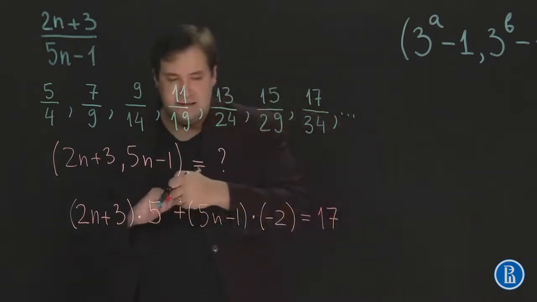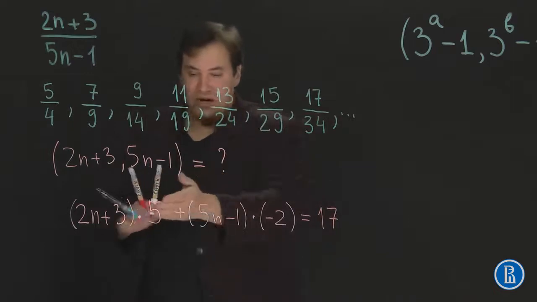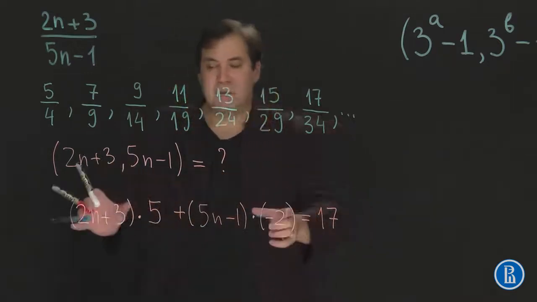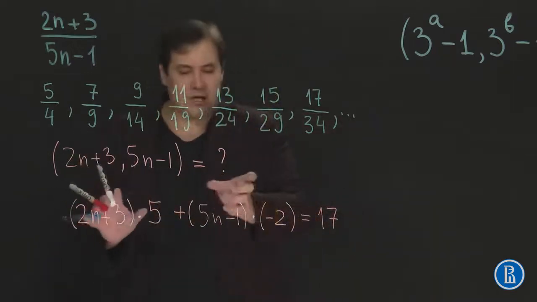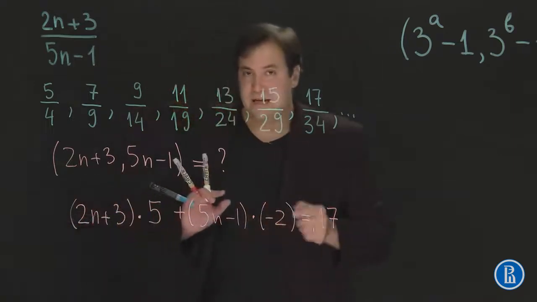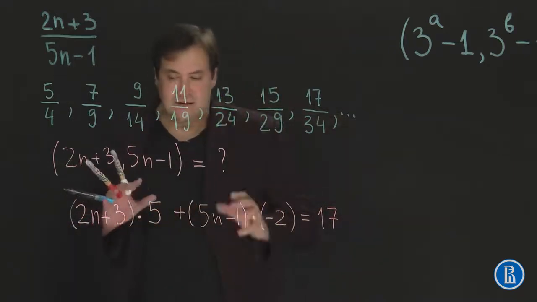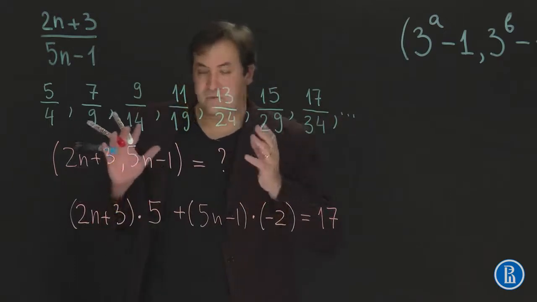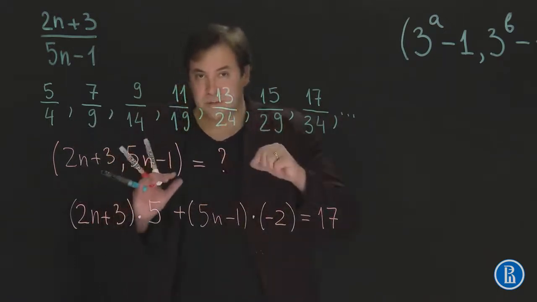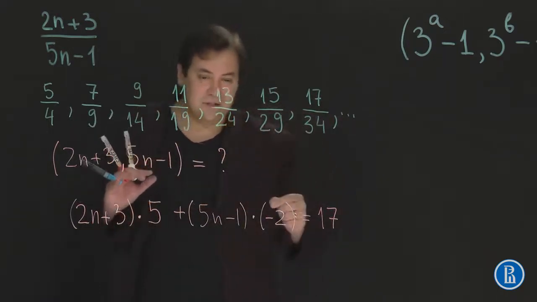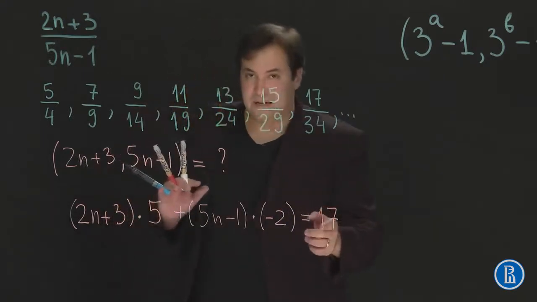So we see that there are integers 5 and minus 2 such that a linear combination of numerator and denominator is equal to 17. This means that if the fraction is reducible, then it can be reducible only by 17.